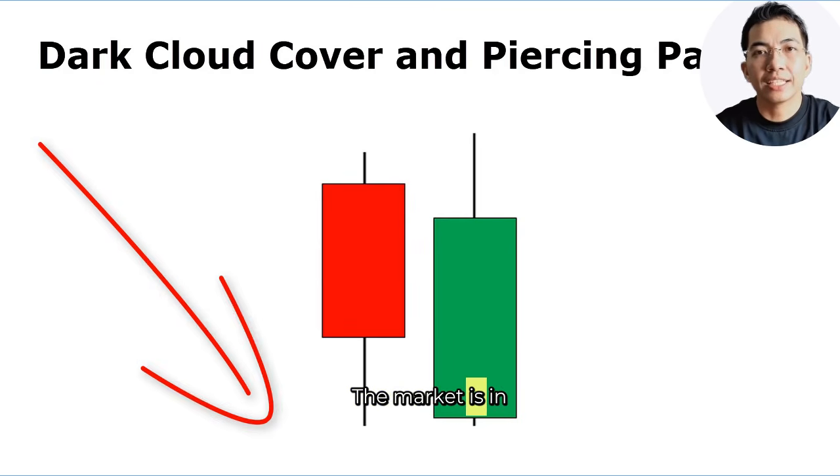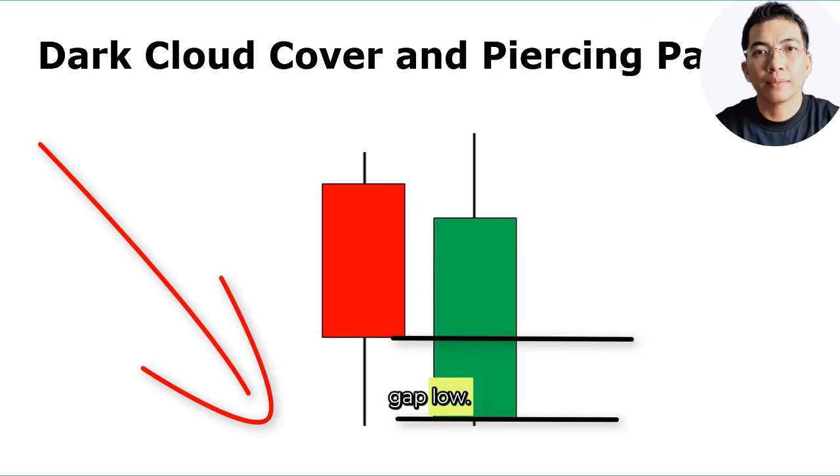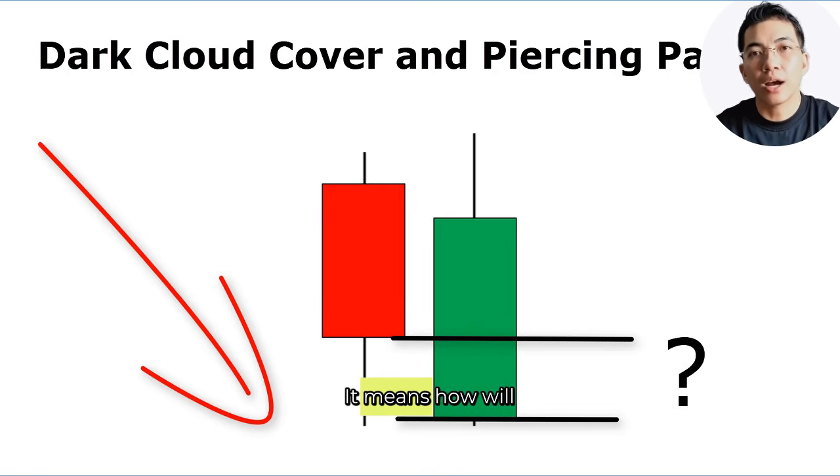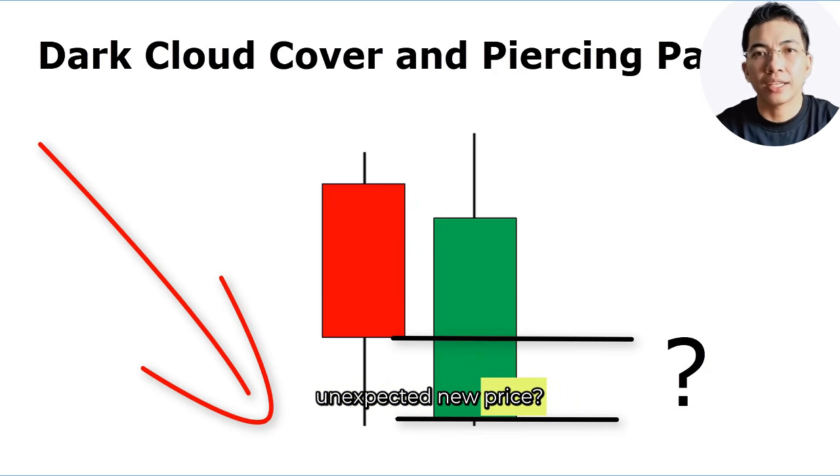The market is in a downtrend and the first candle of the piercing pattern is confirming the downtrend. When the market opens again, there is a gap low. This gap low can be considered as a question mark. It means how will traders react to this unexpected new price?